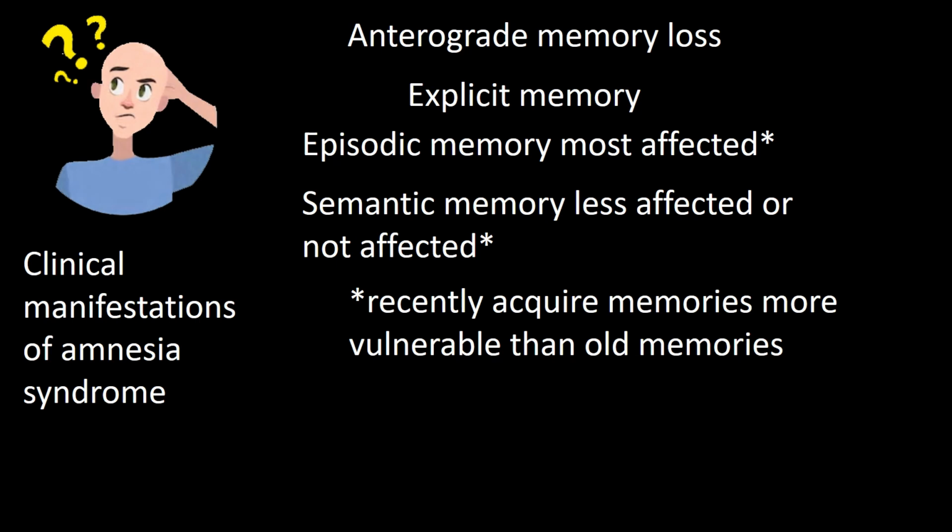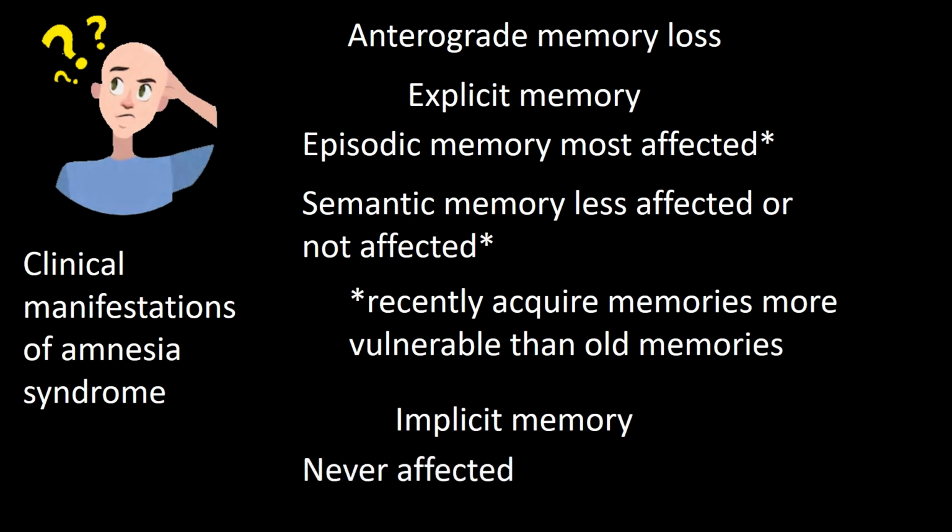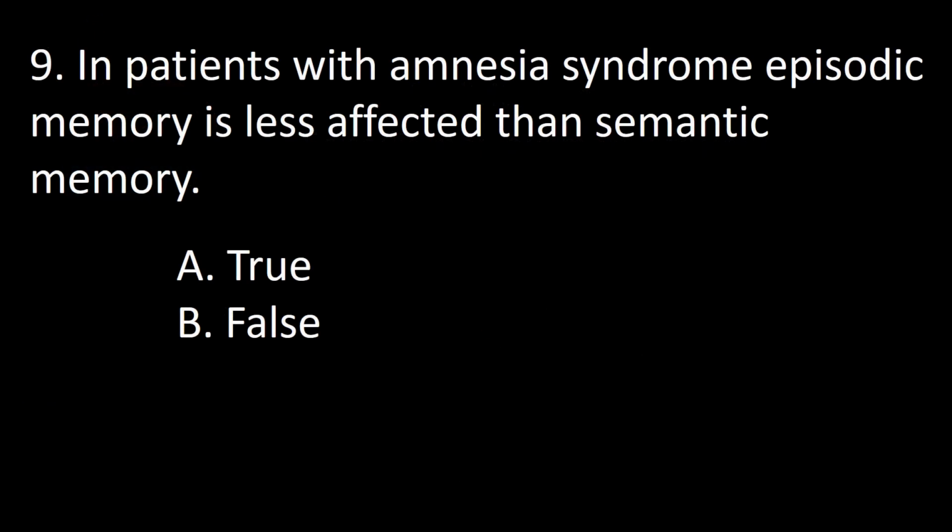This may reflect that most facts stored in semantic memory were acquired early in life. Implicit memory as tested by priming is not affected. So the answer to this question is false. Thank you very much for your attention.